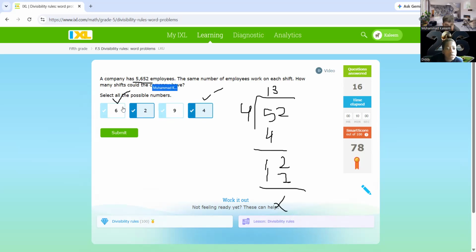Because this number is divisible by 3 as well. What's the sum? So divisible by 3, divisible by 2, obviously divisible by 6. That's divisible also by 9. Yes, it is.